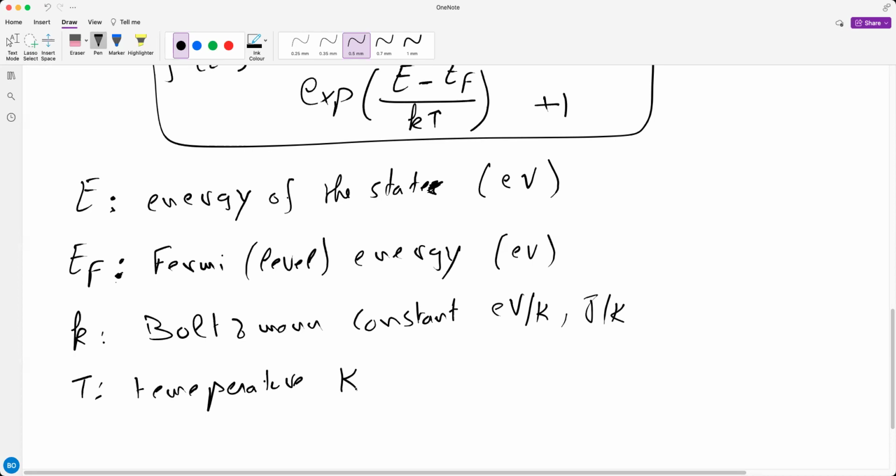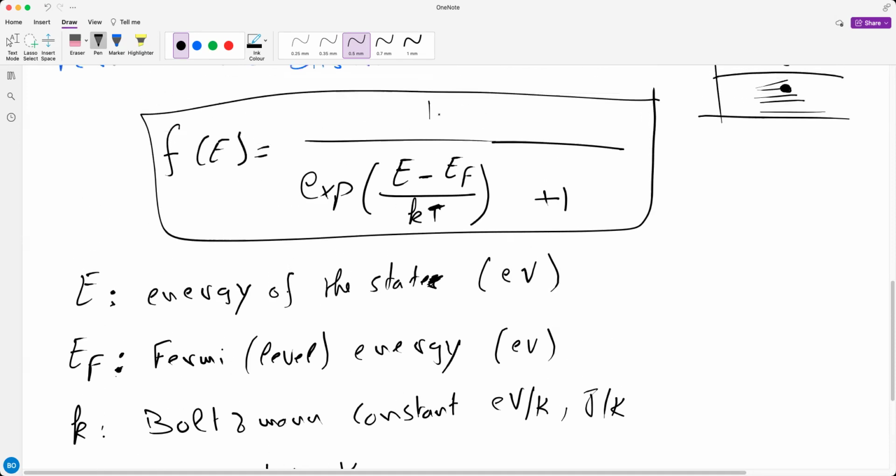Temperature in Kelvin. So this is the Fermi-Dirac distribution. Now, what does this Fermi-Dirac distribution give us? It gives us the probability of occupation of a given state.